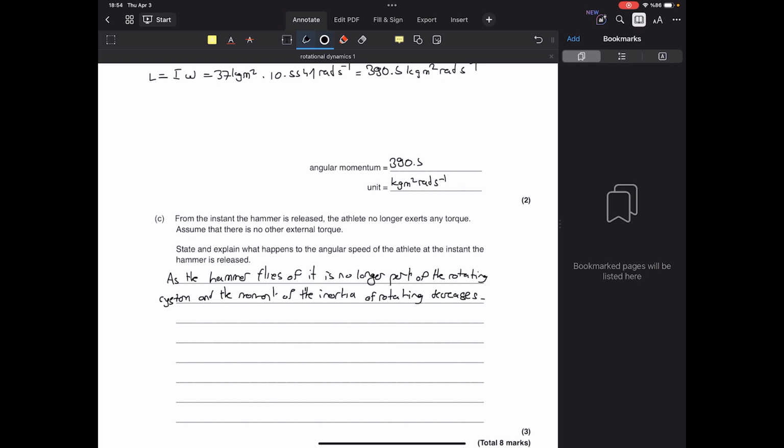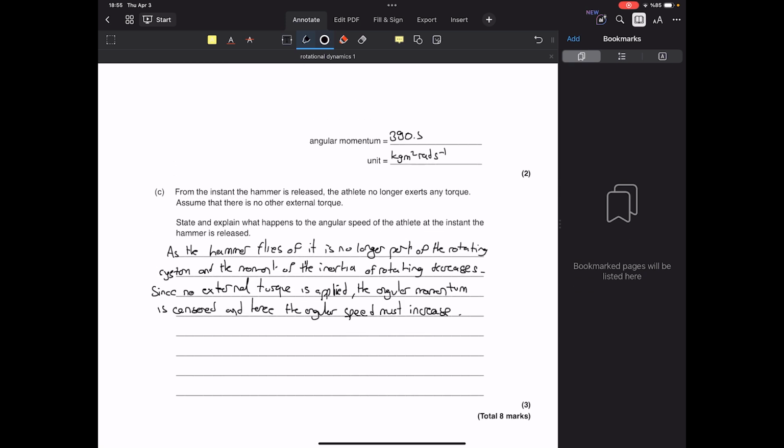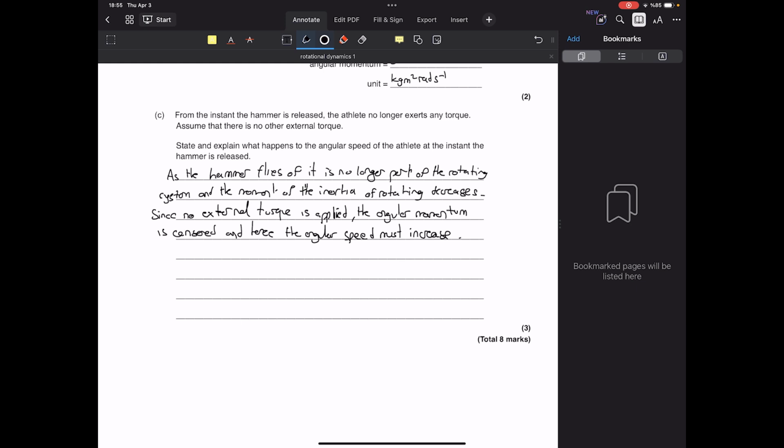However, since no external torque is applied, the angular momentum is conserved. And hence, the angular velocity must increase. The angular speed must increase. You can write that in more detail if you want. Yeah, that's it for this question.